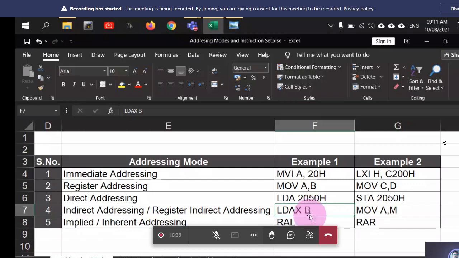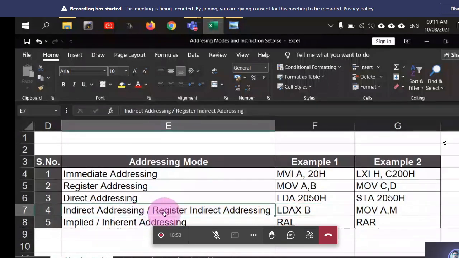But where are we bringing its address from? We are bringing its address from a register pair. So it's not directly available. It is kept in some register pair, and that is why it is called indirect addressing, or alternatively register indirect addressing, because indirectly the address has been kept in a register pair.